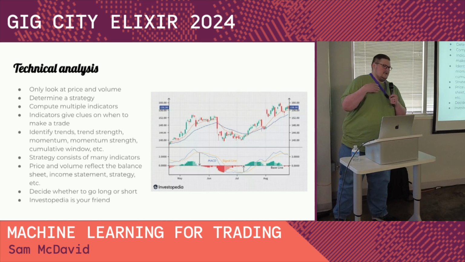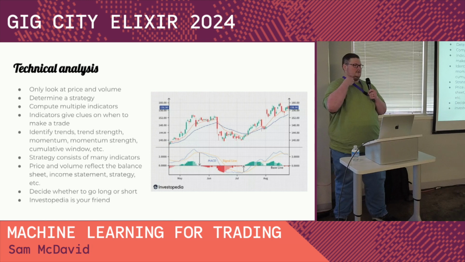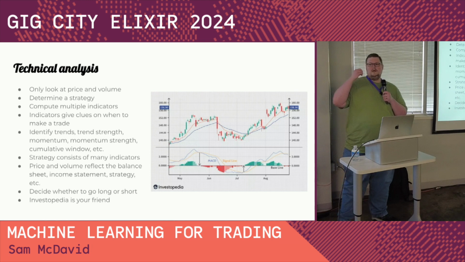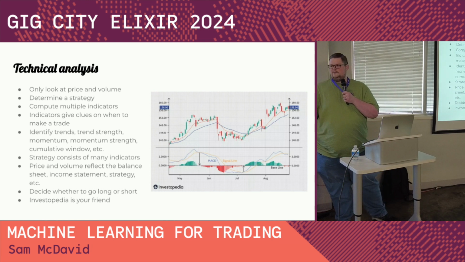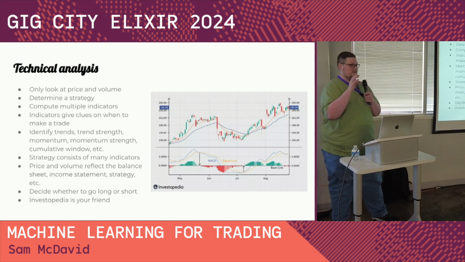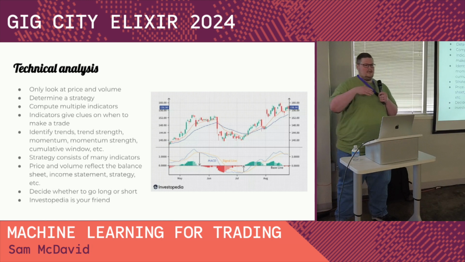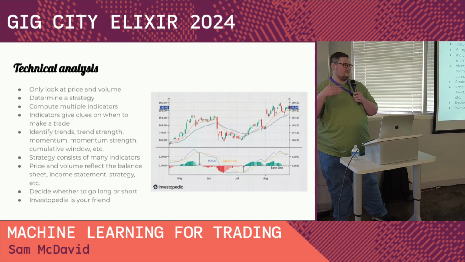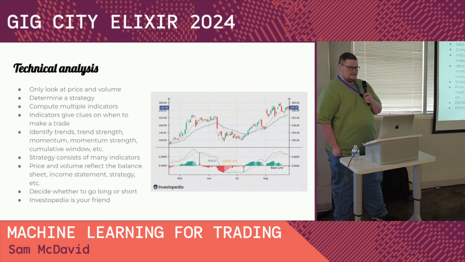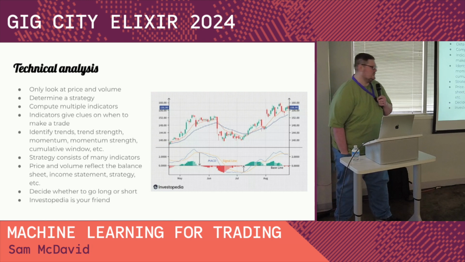Technical analysis is taking price and volume information, because the theory is that all of the price and volume information encompasses the information of what is on the company's balance sheet. So what you end up doing is you pick several indicators based upon the data, which is time series data. So this is really more like machine learning for time series data, but it's more interesting doing it for stocks.